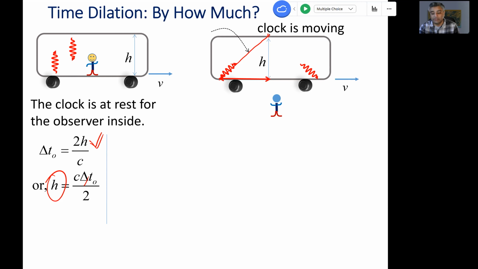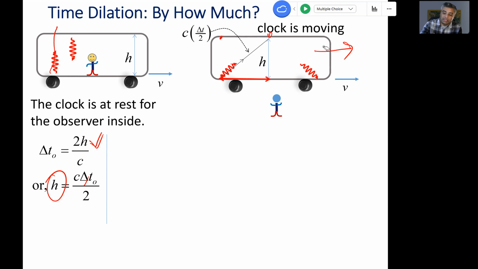When it reaches the top, since the car has already moved, it does not go there, but rather goes there, right? So that's where it meets, let's say, slightly up from straight up. Now similarly, when it comes back, it's going to travel like that. Did I draw those lines there? Yeah, looks like I have, okay.